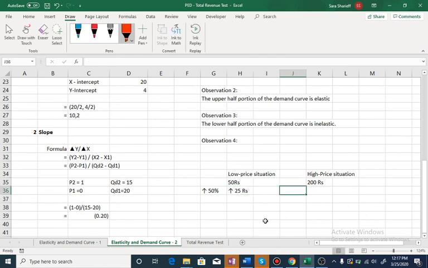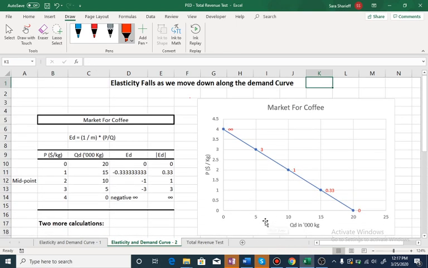In the high price case, prices have gone up by how much? 50%, 100 rupees, right? So we are more responsive to a price change, because a percentage change gives us a bigger value when the price is high. That's the reason why elasticity is falling as we are moving down along the demand curve.